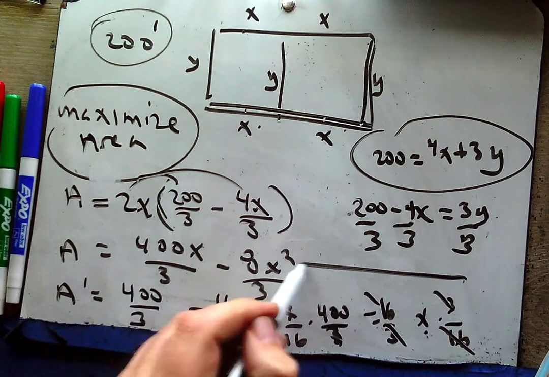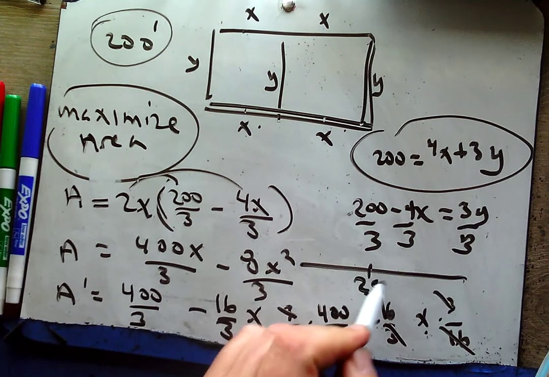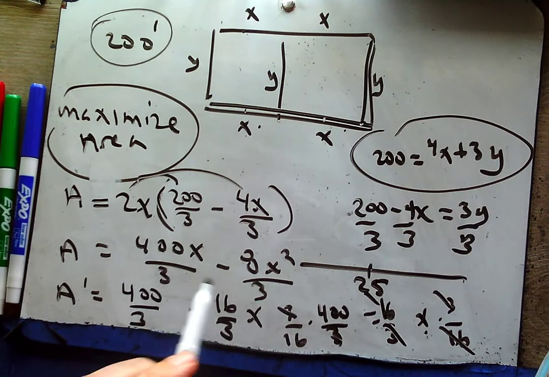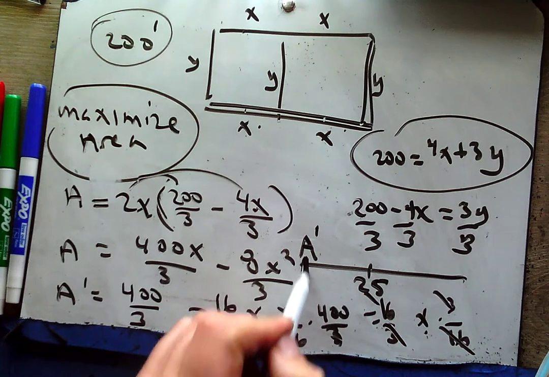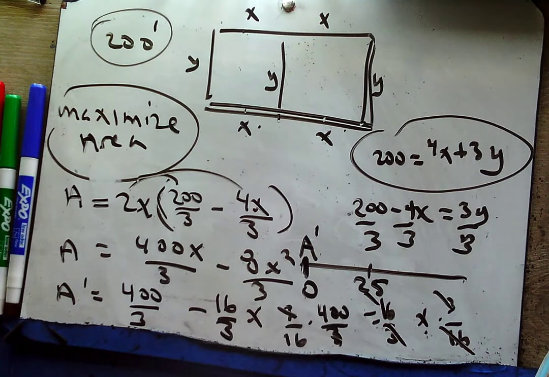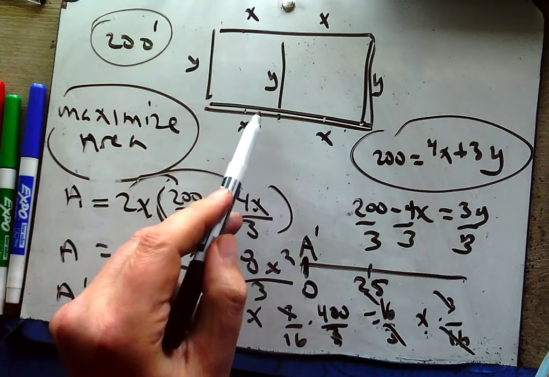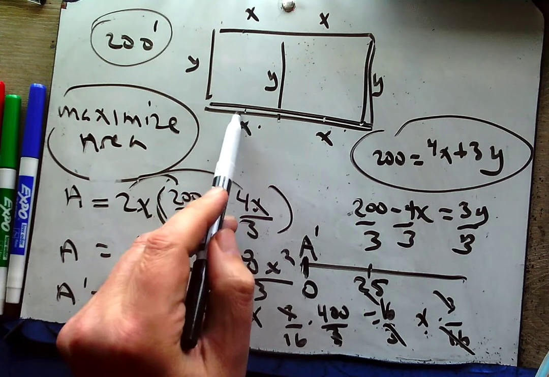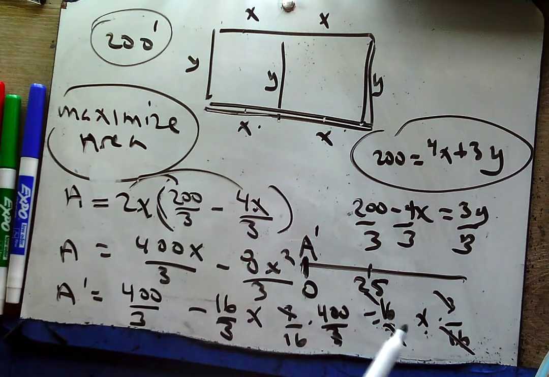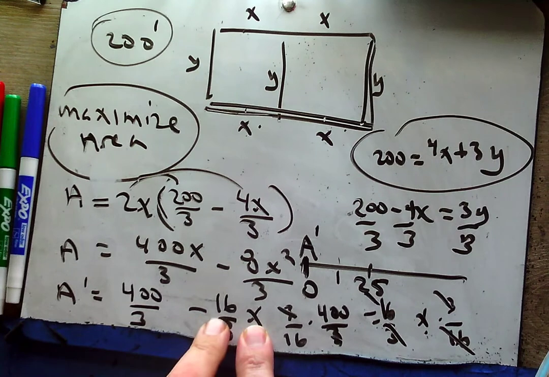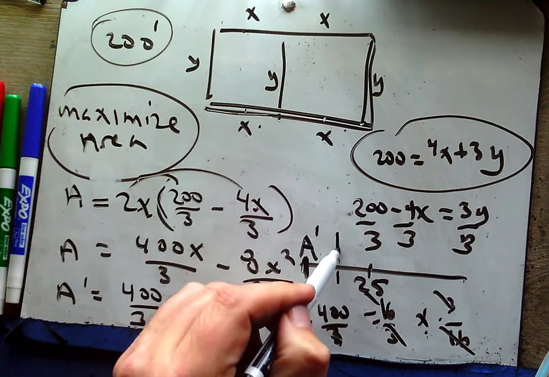So I've got this 25 as a value of x on my A prime sign chart. I got a hard stop here at 0 because I can't have, talk about being cruel to the poor horses, when you make that side length equal to 0 for them. If I plug in a 1 into A prime, 400 thirds minus 16 thirds, that's definitely positive.